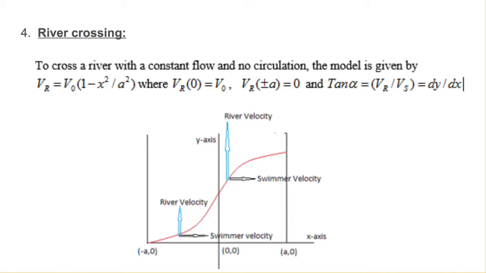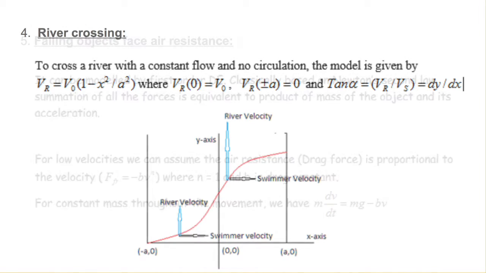Then, we can get the first-order differential equation, which is dy/dx equal to the initial velocity of river over the swimmer's velocity times 1 minus x squared over a squared.